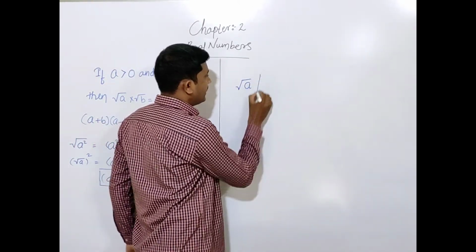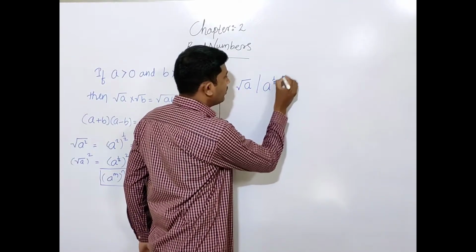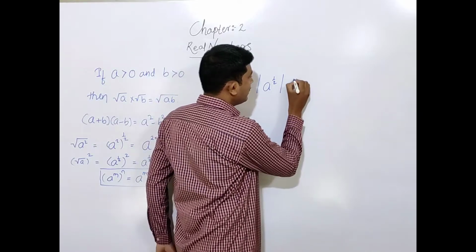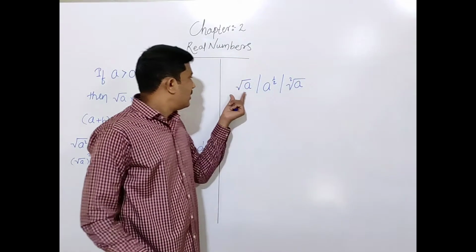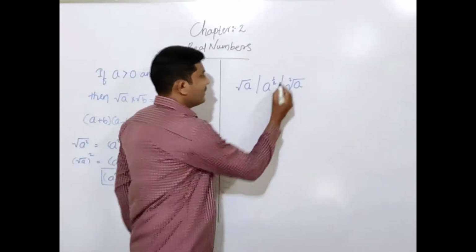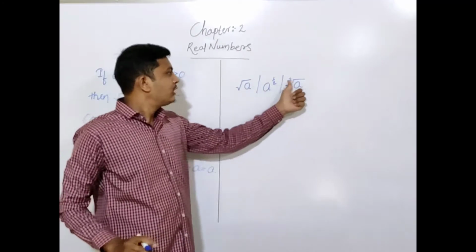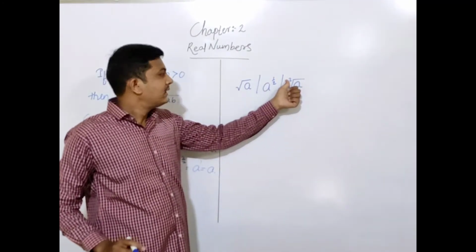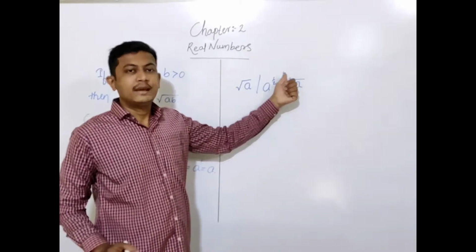Square root of a is the same as a to the power 1 upon 2, or simply second root of a. All three symbols are the same, but generally we use this symbol, square root of a. We do not put the power 2 for the square root.